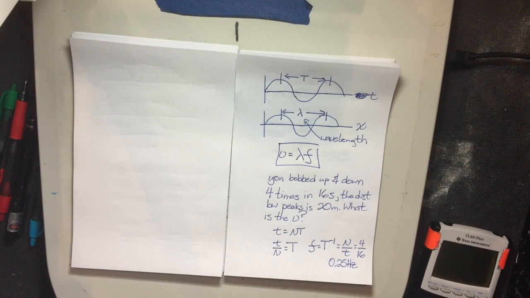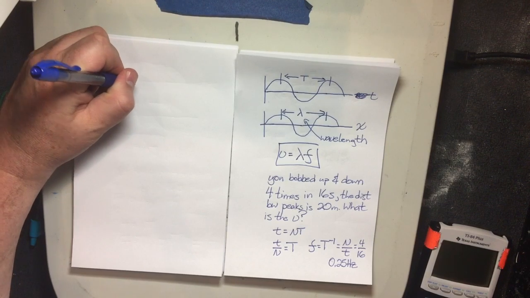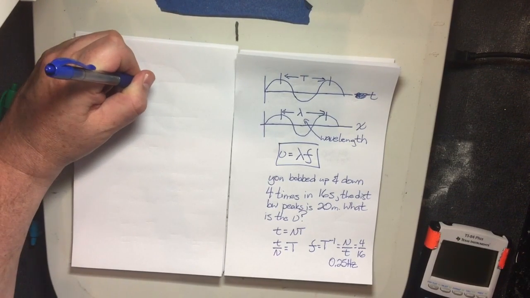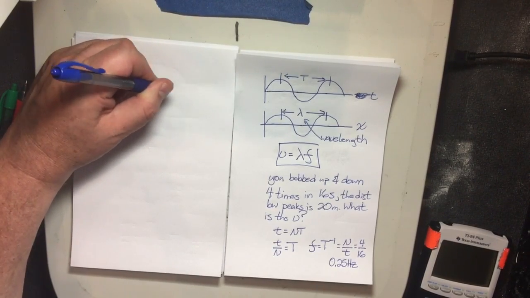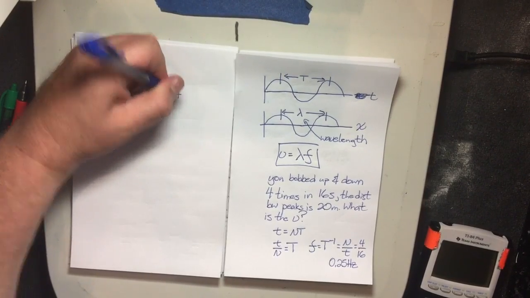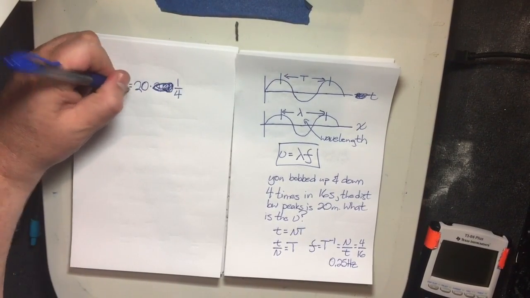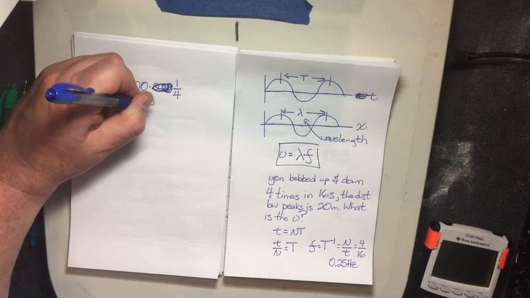So that's the frequency, and you have the distance. If the wavelength is 20 and the frequency is 0.25, actually what would be better is 1/4, then the velocity is 5 meters per second.